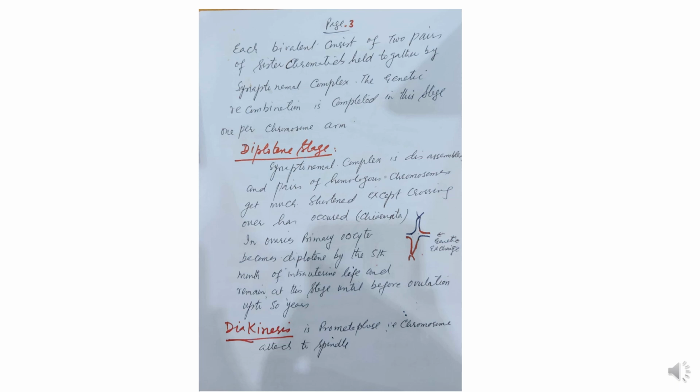So the red limb partly shifts to the blue, and below, one part is shifted to the red, so that genetic change occurs.